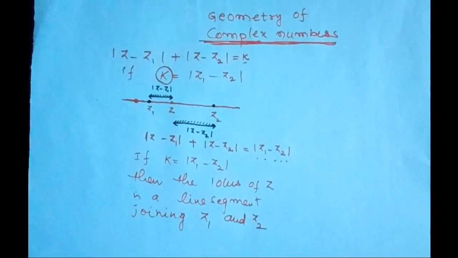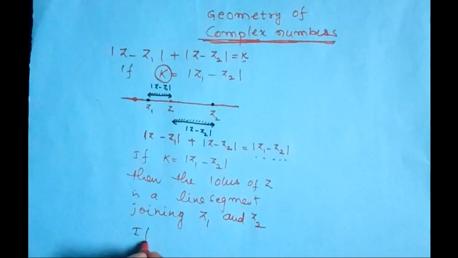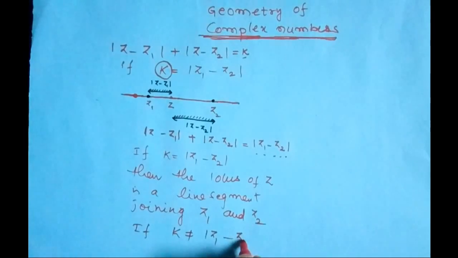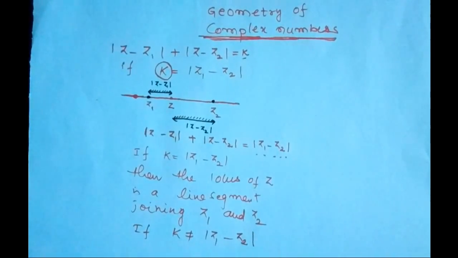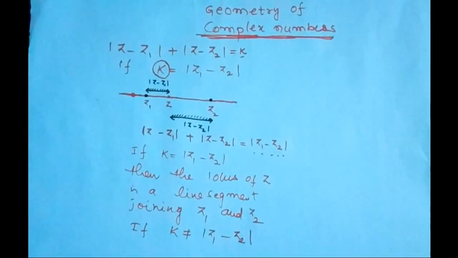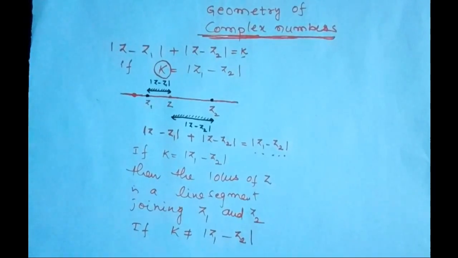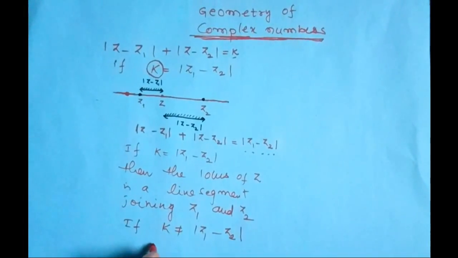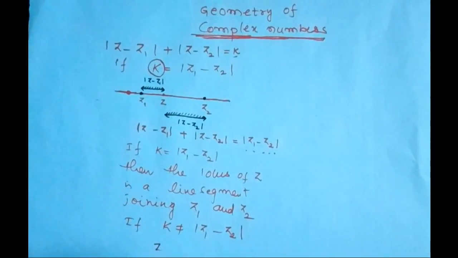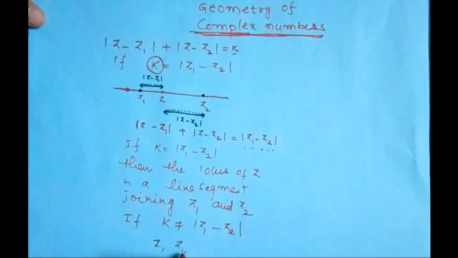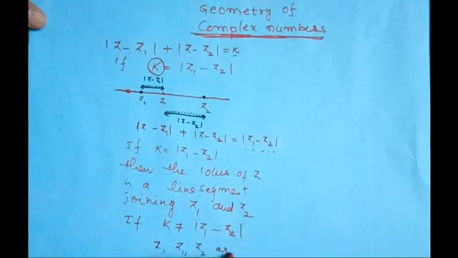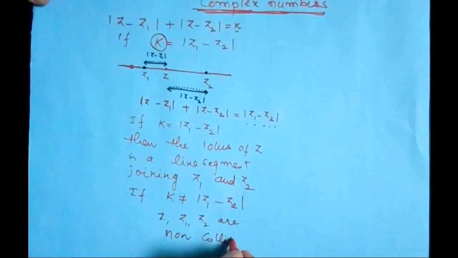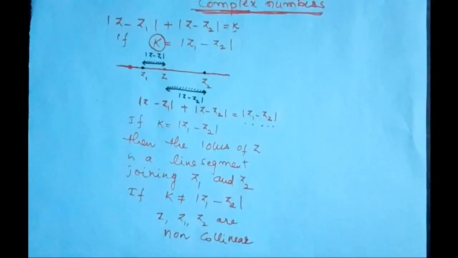So next case, if k is not equal to modulus of z1 minus z2, what does z represent? What is the locus of z if k is not equal to modulus of z1 minus z2? Like in the previous case, z, z1 and z2 are non-collinear.